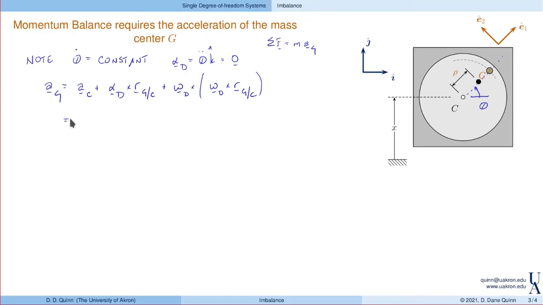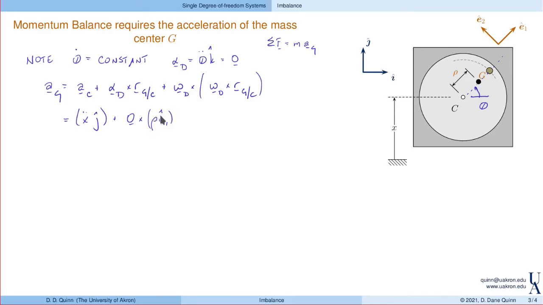What's the acceleration of c? Well, x describes the position of c, x dot would describe the velocity, and as a result, the acceleration of c can be written as x double dot in the j direction. Remember that the angular acceleration is 0, and the position of g with respect to c is rho in the E1 direction.